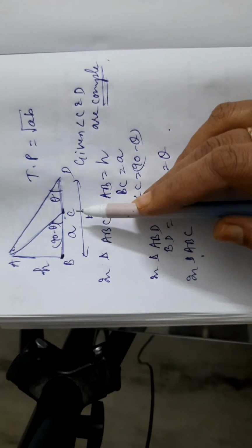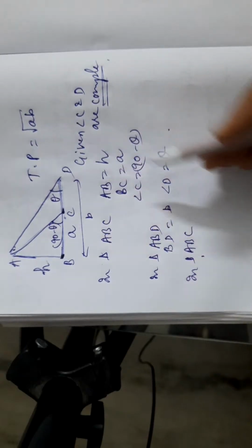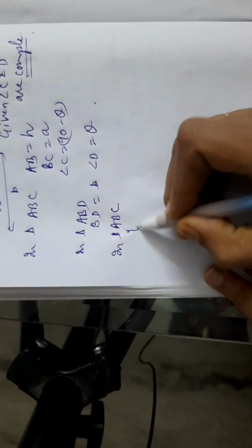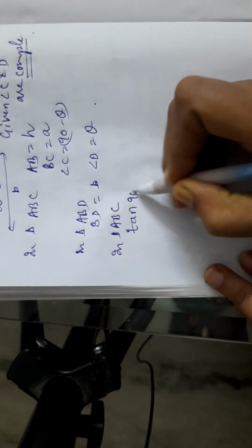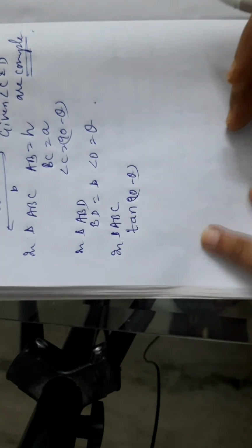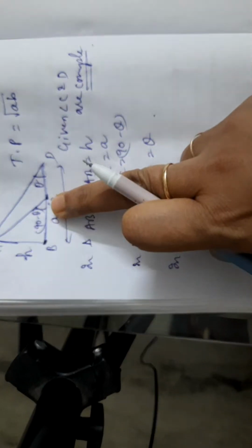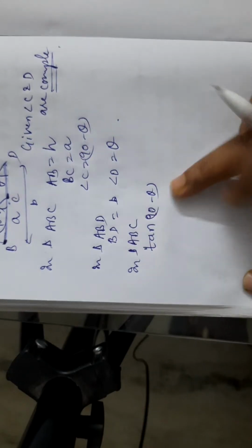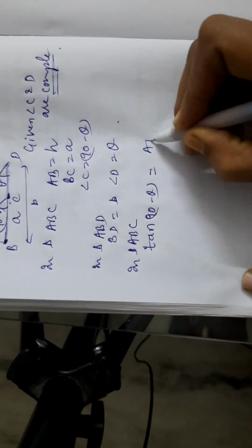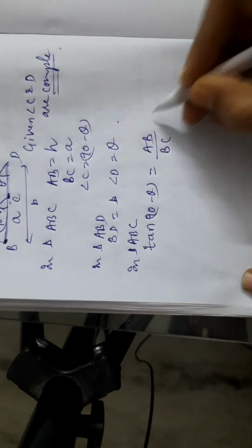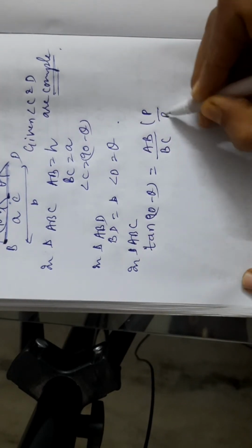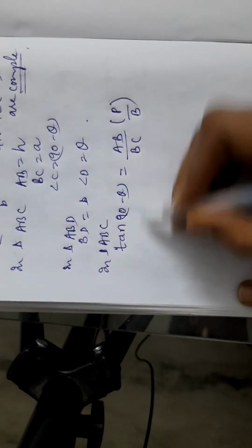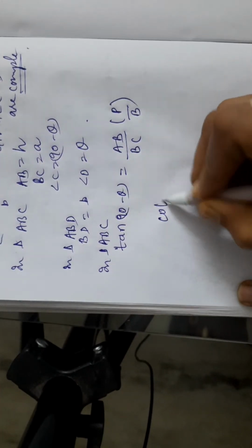So in triangle ABC, tan of 90 minus theta, as angle C is 90 minus theta, is AB upon BC, that is perpendicular upon base. Now tan of 90 minus theta is cot theta.